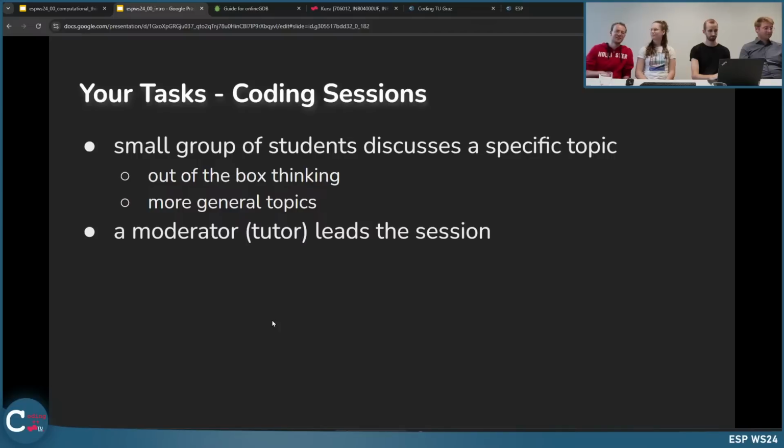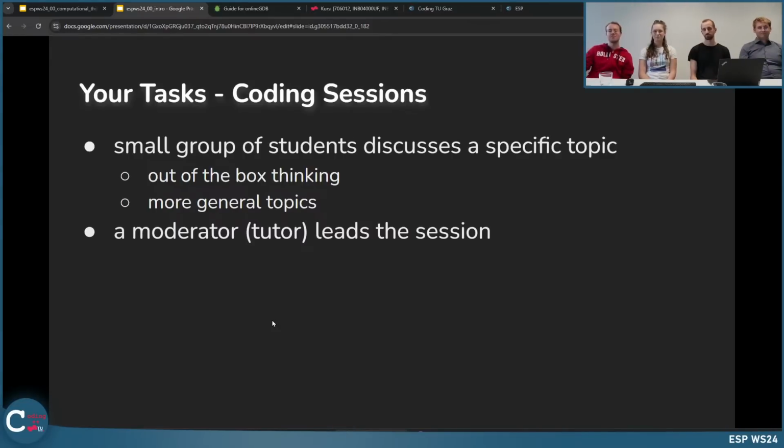Yeah, so this is not as complicated as the assignments. A coding session is the following: you just meet as a group of 10-15 students at university, and you will discuss some topic. And the important thing is, we don't want you to really discuss the implementation of programs. We would like you to think out of the box and do something which is a bit in contrast to the C assignments.